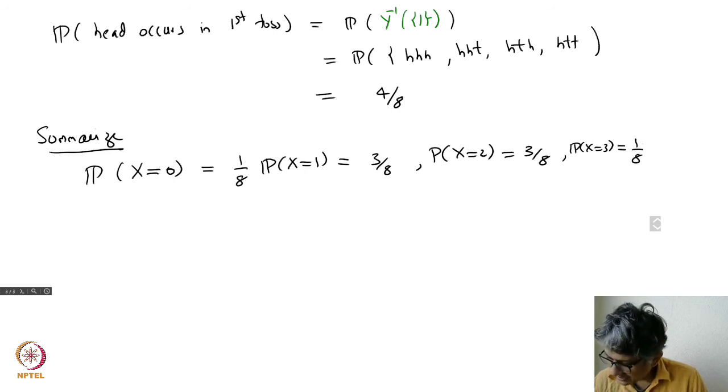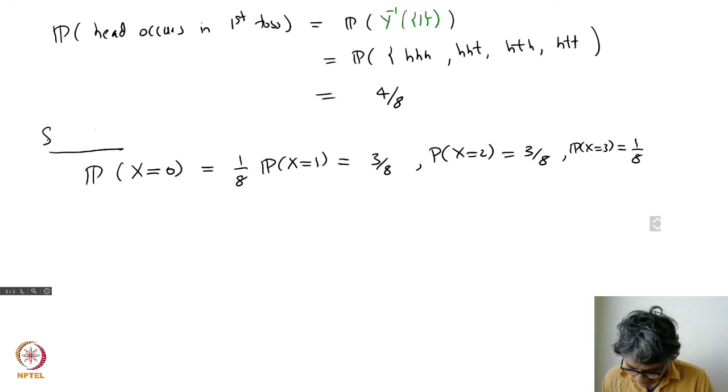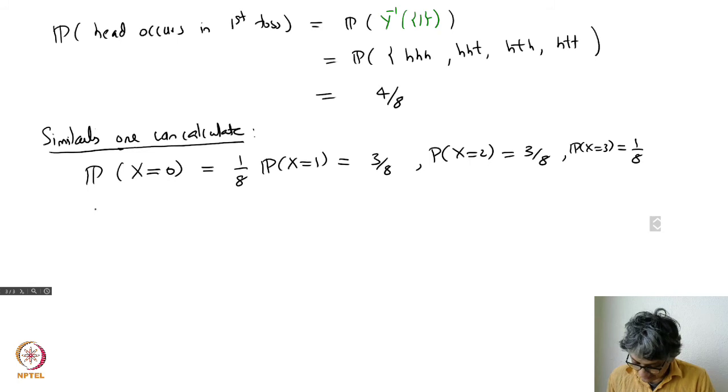Similarly, one can calculate the other ones, and you can do the same thing for y also. You can say probability y equal to 1, which we already did, is 1/2.